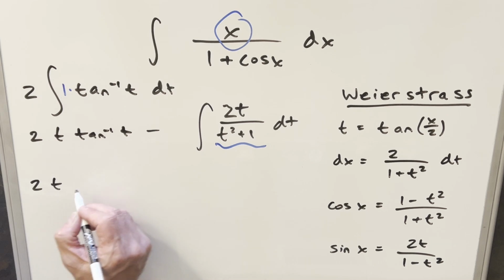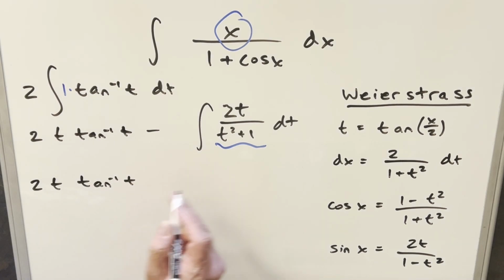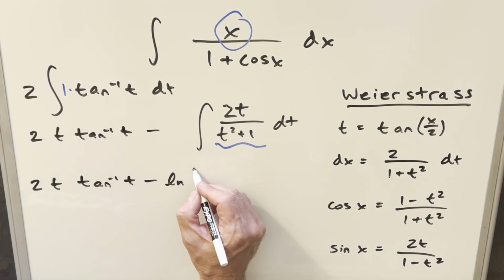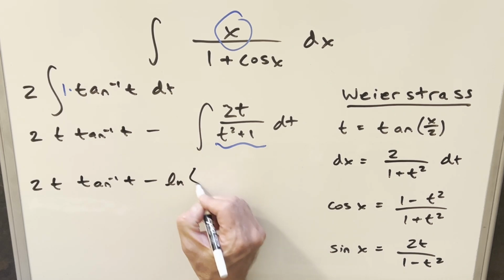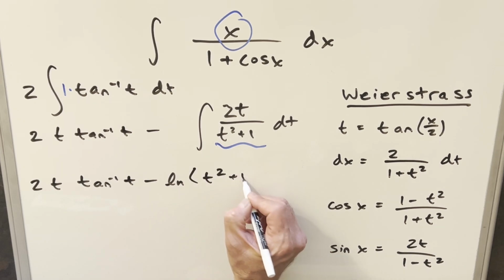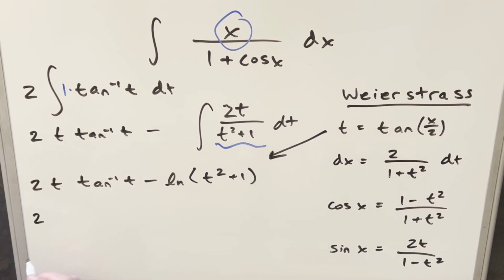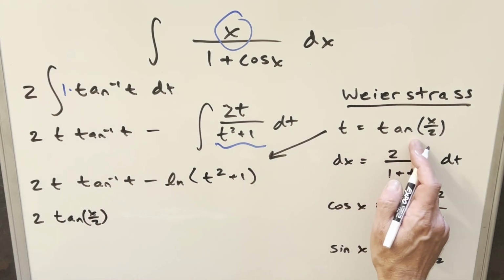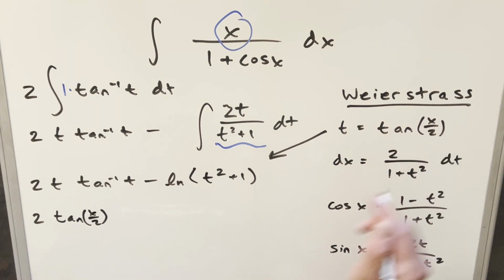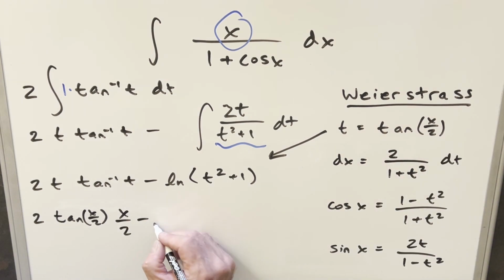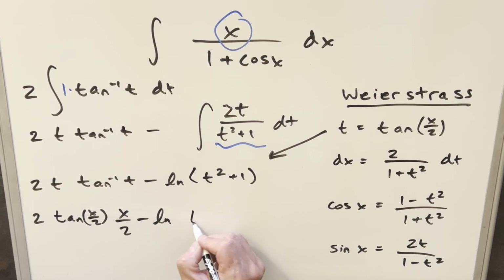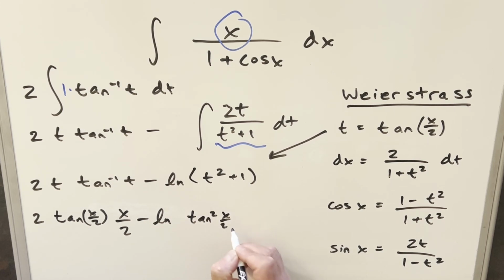So bringing down this part, we're going to have 2t arctan of t. Doing this part, we're going to have minus natural log. I'm going to drop absolute value because t squared plus 1 is always positive, so natural log of t squared plus 1. And so now we just need to back substitute in order to finish it. So plugging in here, with t being tan x over 2, we're going to have 2 tan x over 2, then arctan of tan of x over 2, so we'll just write that as x over 2, and then here, natural log of t squared plus 1 is going to be tan squared x over 2 plus 1. 2's can cancel here.